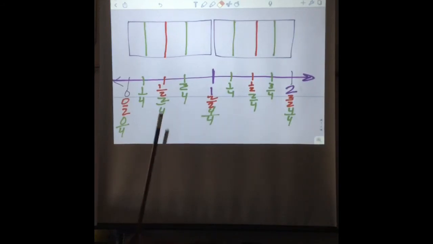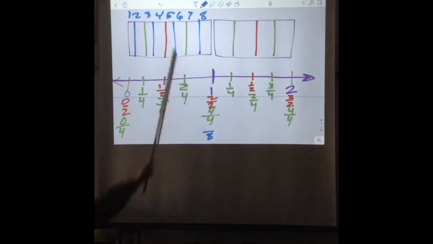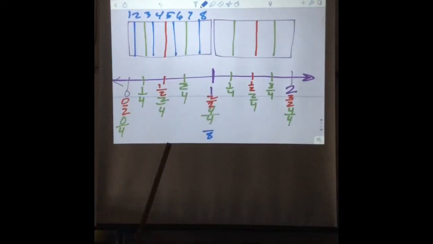And then we could keep dividing it up, couldn't we? Let's say I'm going to divide it up one more time. Shall I? What am I going to have now? Well, I have 1, 2, 3, 4, 5, 6, 7, 8. So what's my bottom number going to be? That's right, it's 8. And one whole makes how many eighths? 8 eighths. Right.